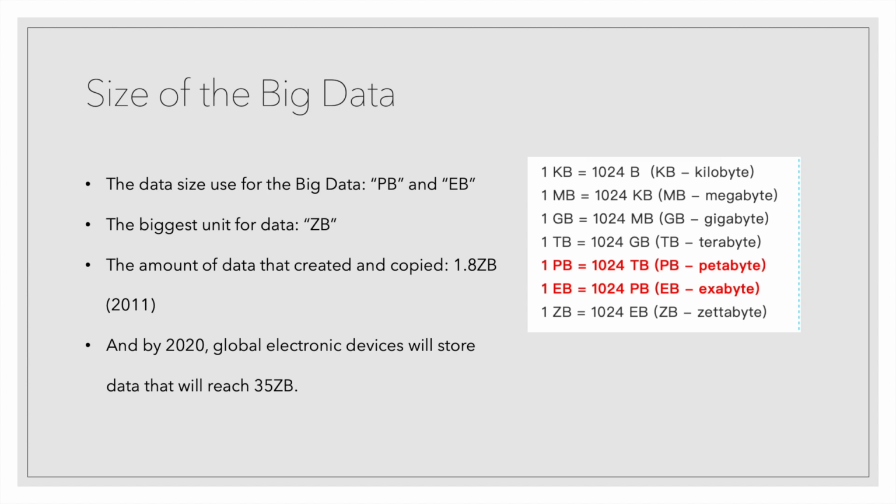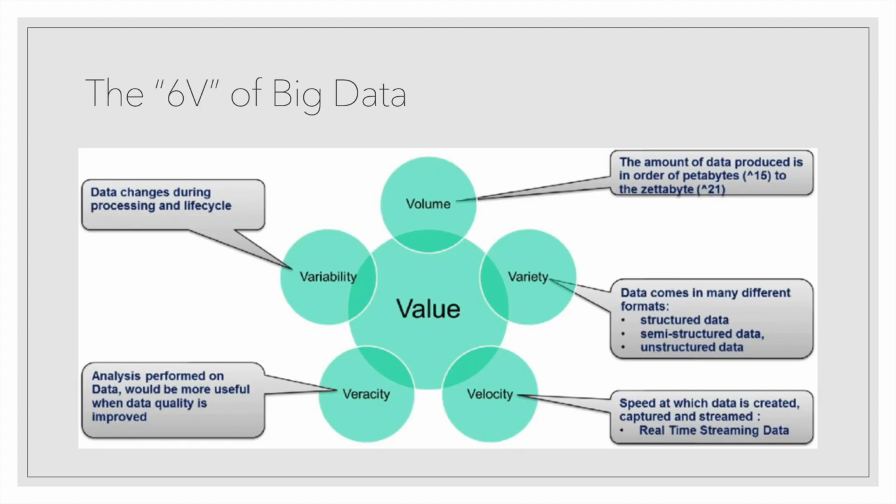Right now the amount of data created and copied is 1.8 ZB, and this is from 2011. When we go into 2020, the global electronic devices will store data that will reach 35 ZB.